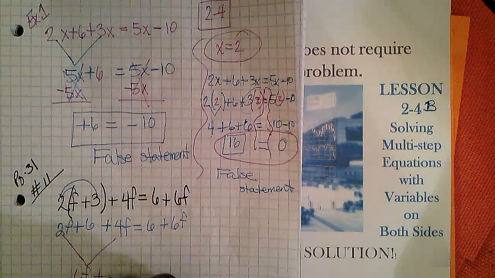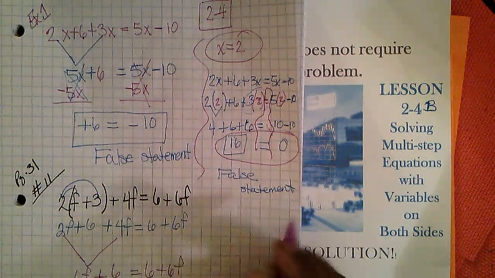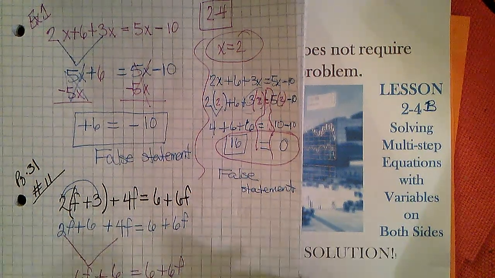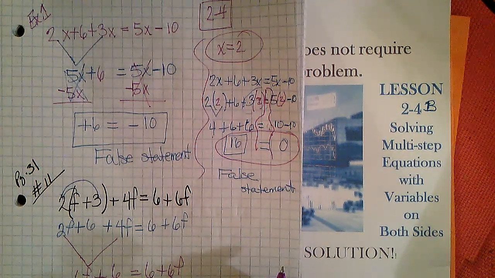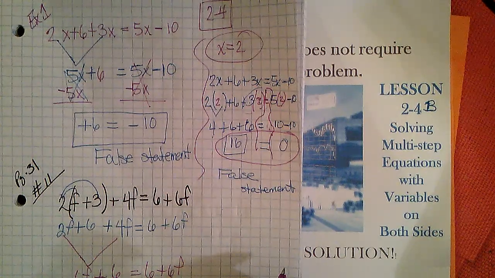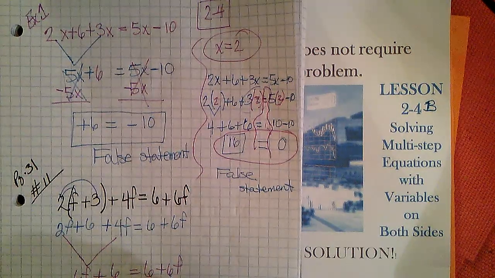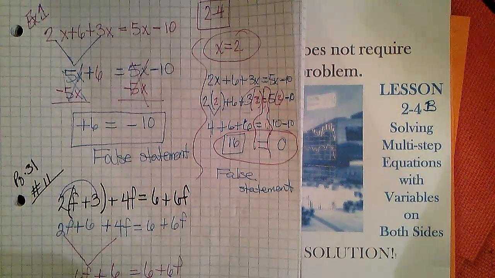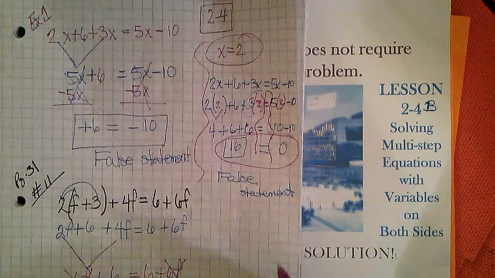Bring down our 6 equals 6 plus 6F. Now let's bring our F's to the same side, which actually cancels them out.